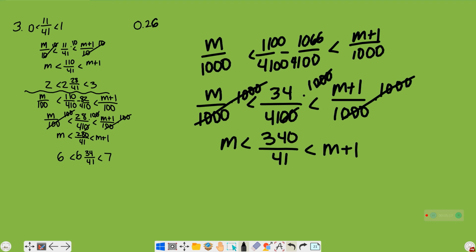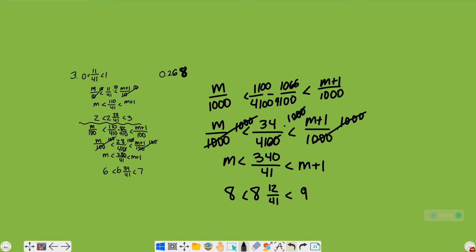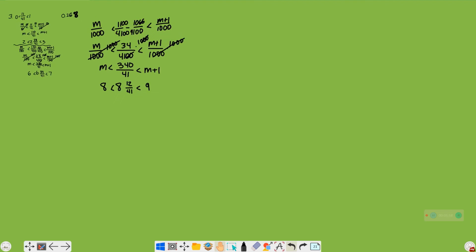And 340 over 41 gives you 8 wholes and 12 over 41, which means it's less than 9 and bigger than 8. So our next place value is an 8: 0.268.